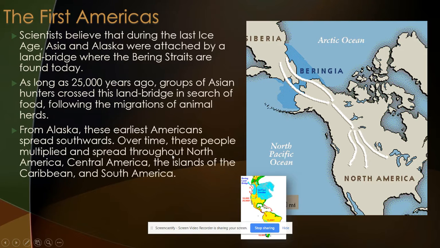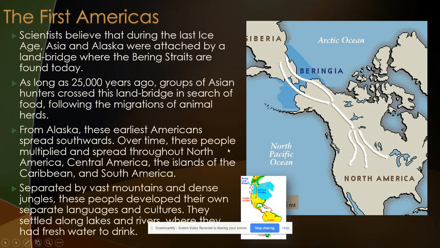From Alaska, these earliest Americans spread southward. Over time, these people multiplied and spread throughout North America, Central America, the islands of the Caribbean, and South America. Separated by vast mountains and dense jungles, they're going to develop different cultures. So these people developed their own separate languages and cultures.